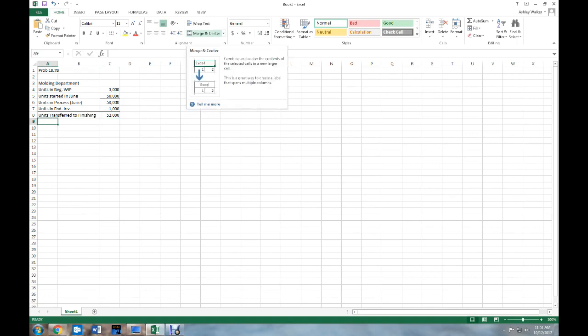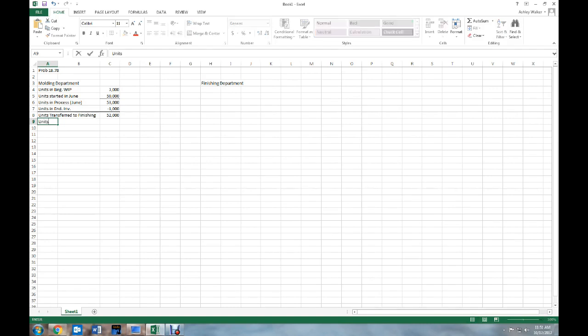Now, remember, we've gone through a problem like this before. We know how many were transferred to finishing, but that's not units started and completed, because remember, keywords: started and completed. What would not have been started? Those units in our beginning work in process. So we need to take those out. Again, we're accountants, we like underlines.